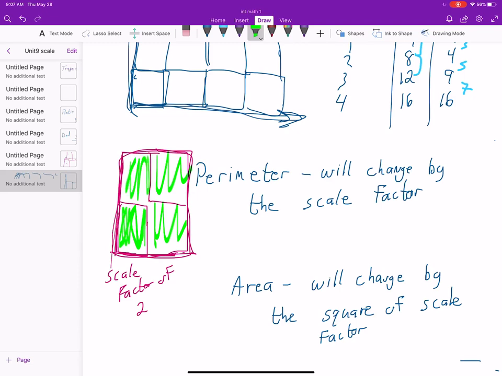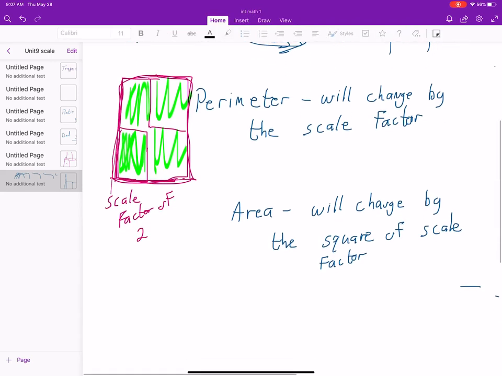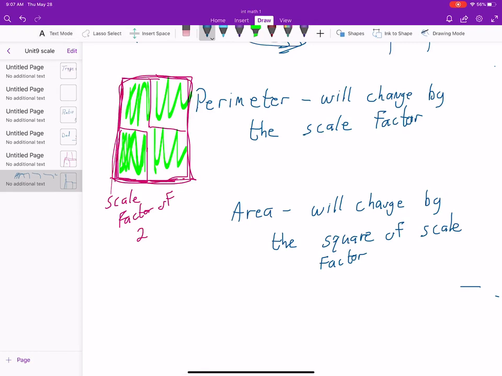So that means it changes by a scale factor of 4, not 2. So the area here will be 2 squared, or 4 times more.